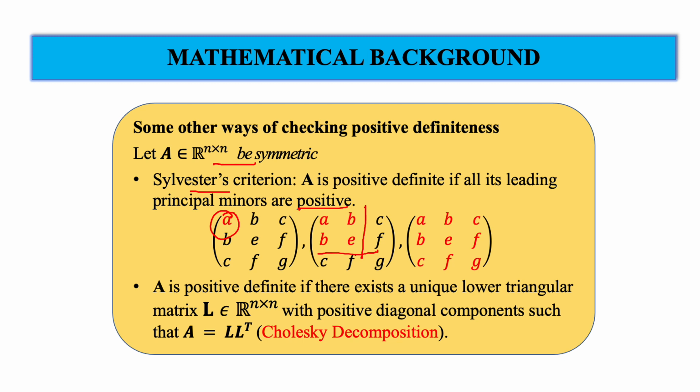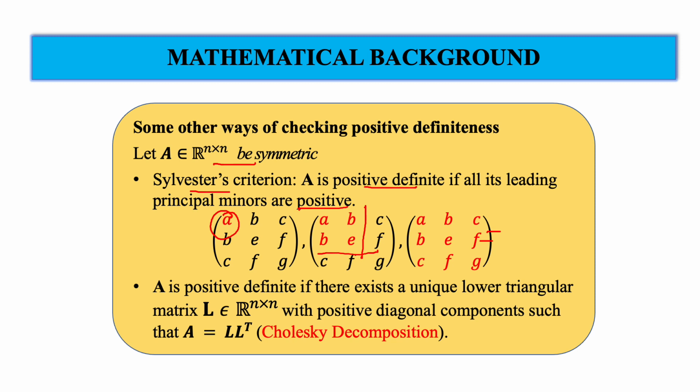Then the determinant of the third leading matrix also has to be positive. So if all the determinants are positive, then according to the Sylvester criterion, the matrix is positive definite.